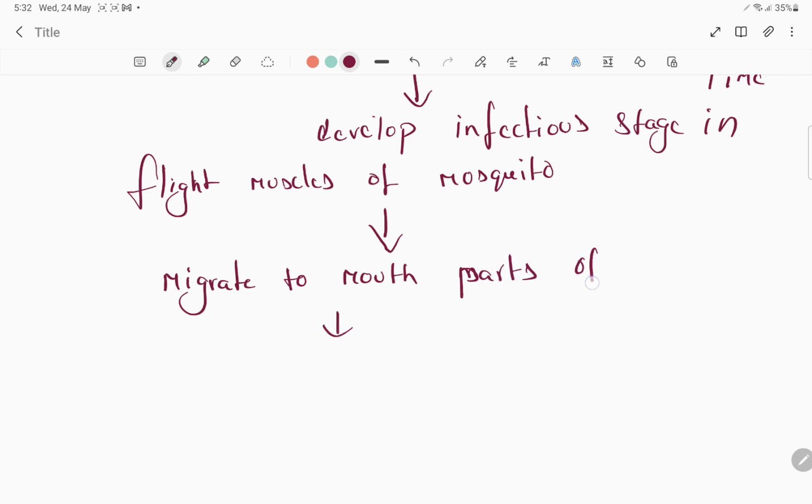So why the mouth parts of the mosquito? To bite another person.